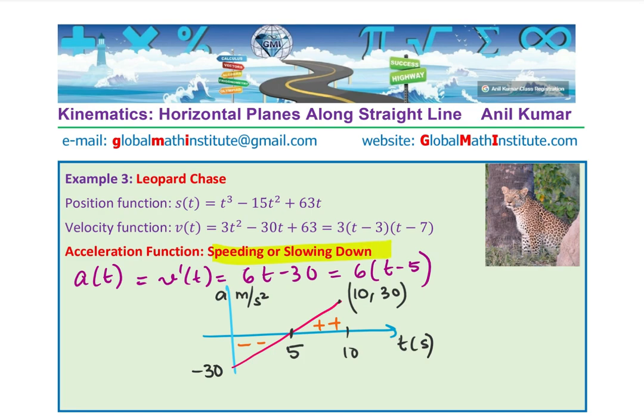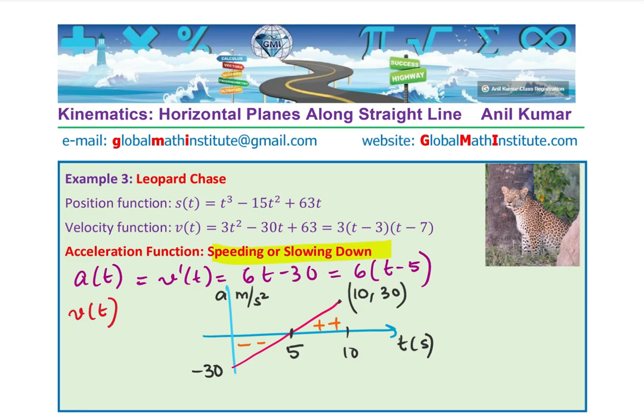For speeding and slowing down, we have to look into acceleration and the other important function, which is velocity. So we have to look into both. Because if the velocity and acceleration are in the same direction and going positive, then it is speeding. But if they're opposing each other, then it is slowing down, correct?